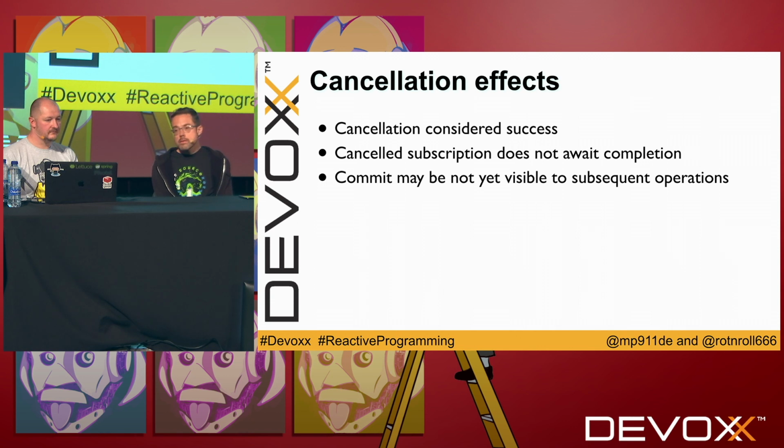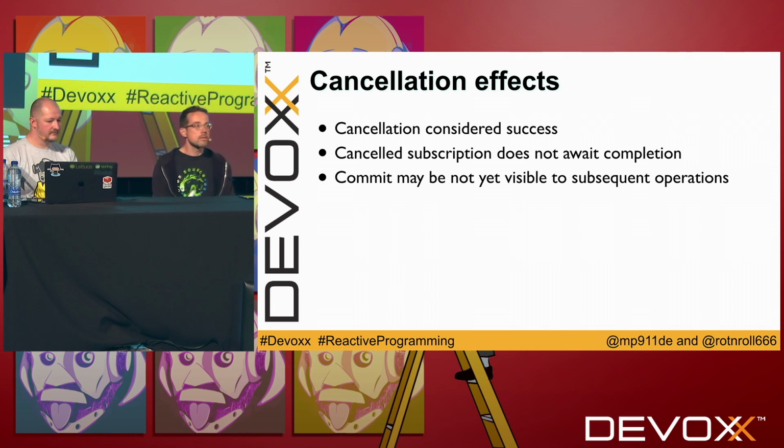And that's a sentence, I tweeted it some days ago, 6 words full of pain. At least it took me more than a day to really grok this and to really get this with our driver team correctly. So basically, in short words, it means that a commit on a cancelled transaction may not be yet visible to following steps, to subsequent operations.